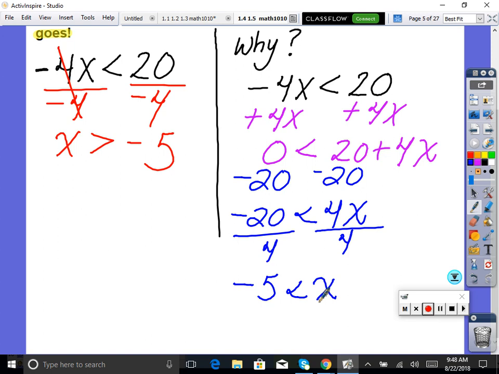We would never write our answers without x being first. So I'm going to write it correctly. So I'm going to switch this. Look at the chomper. I'm chomping down, chomp, chomp on x. Do you see it? Chomp on x. So when I rewrite it, it's got to still stay chomping on x, or else I've changed it. You guys see? This is not changing it. Chomp on x still, and negative 5. Boom, boom, same thing.